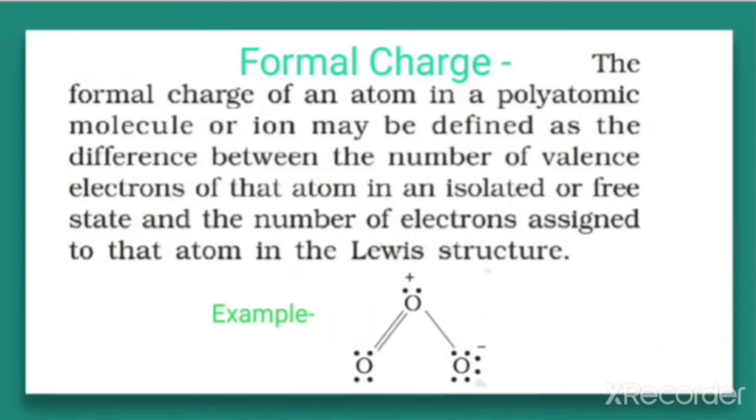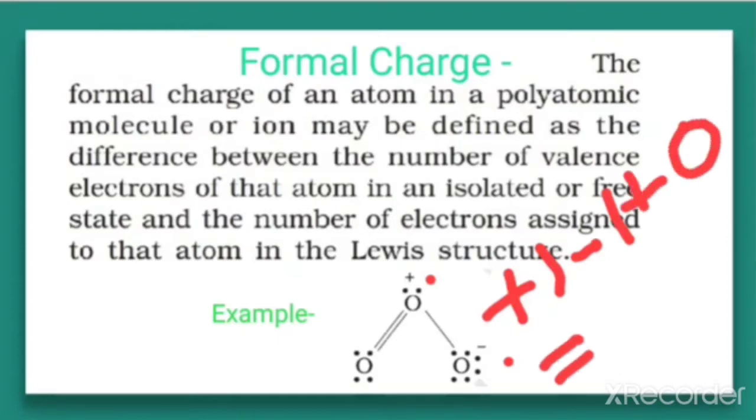That means the formal charge gives the number of electrons which each atom owns. That means it gives the charge on the particular atom which is present in the ion, and that all together gives the net charge. For ozone the net charge is 0. Why is it 0? Because here there is plus 1 charge, here there is minus 1 charge, and here there is no charge, so plus 1 minus 1 cancel to 0.